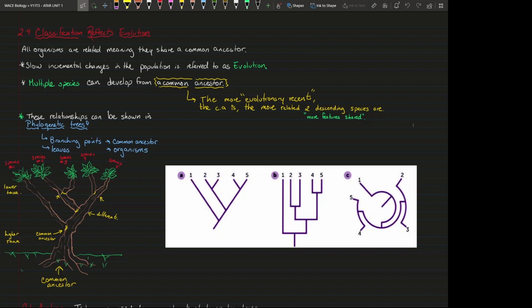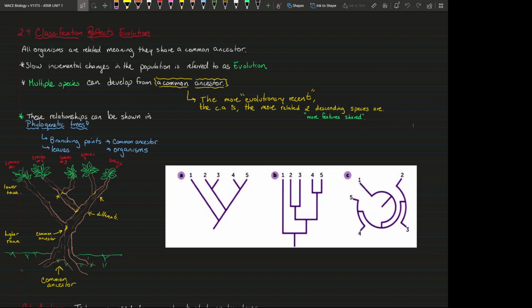Okay, and of course, just as I mentioned, this idea that all life came into existence from this common ancestor, multiple species can develop from a common ancestor, right? Common ancestor is a kind of relative term that I'm going to get into in a second.